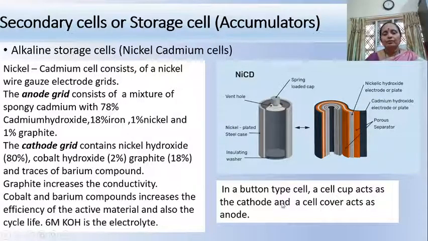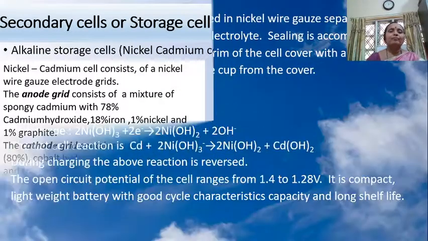If it is a button type cell, then the cell cup acts as the cathode and the cell cover acts as the anode.